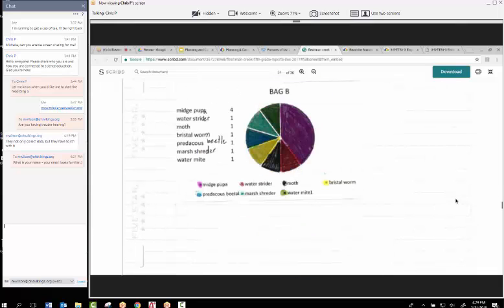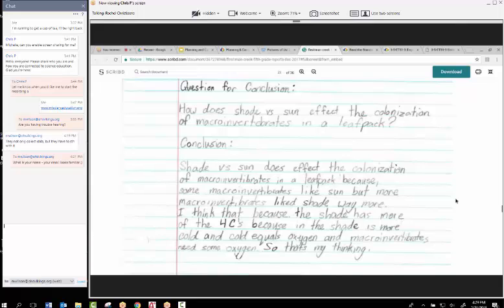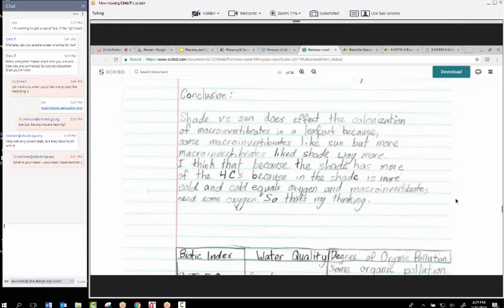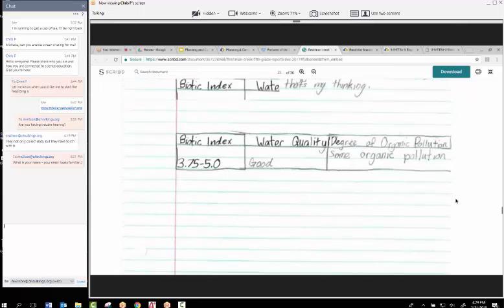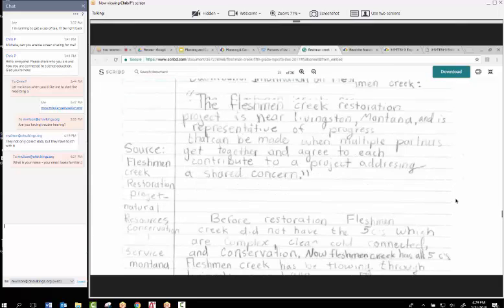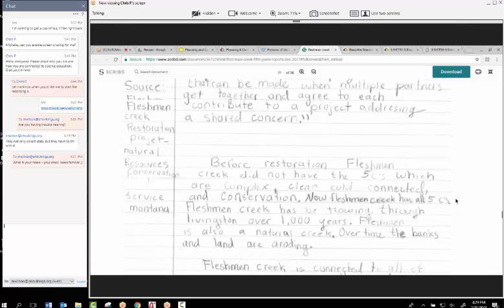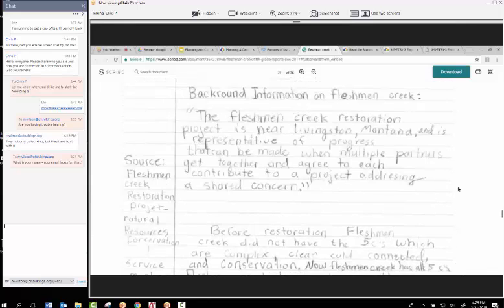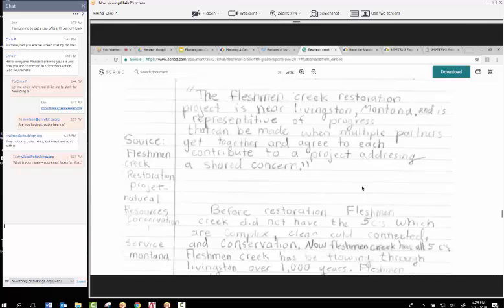Am I making you dizzy? They're learning to cite their sources. This, so it's good.